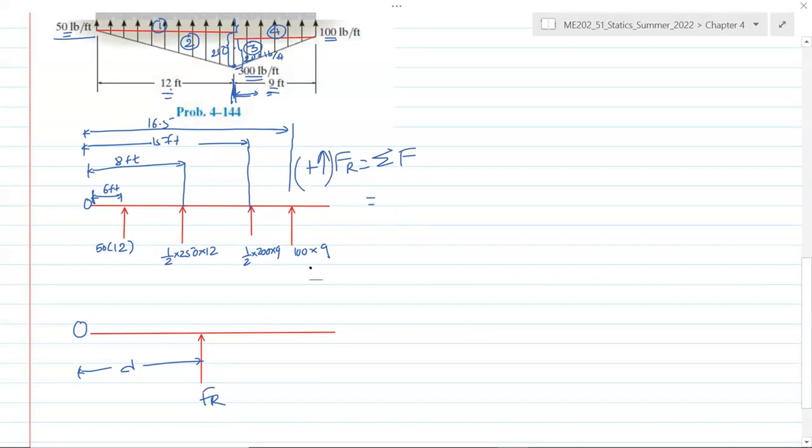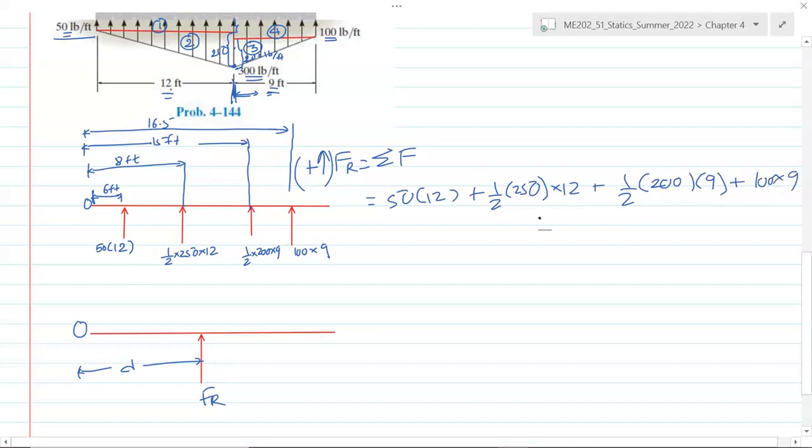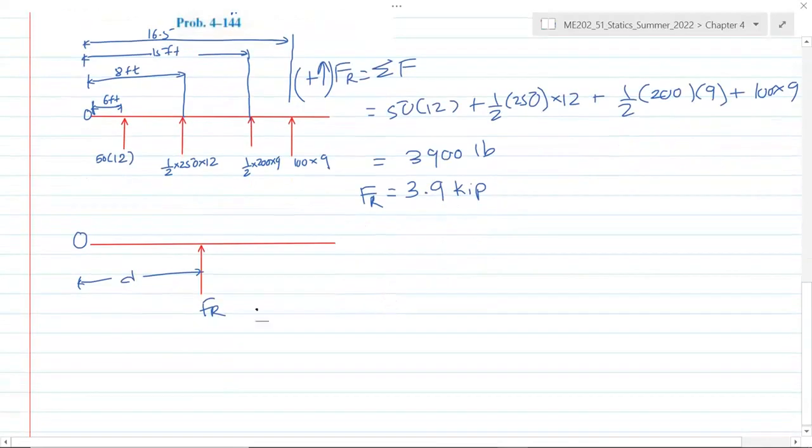So this is literally the summation of all these numbers: 50 times 12 plus 1/2 times 250 times 12 plus 1/2 times 200 times 9 plus 100 times 9. You add them together, we get 3,900 pound. Now that's a big number, so we will write this as kilopound. So 3.9 kip, where kip stands for kilopound. That is the equivalent resultant load.